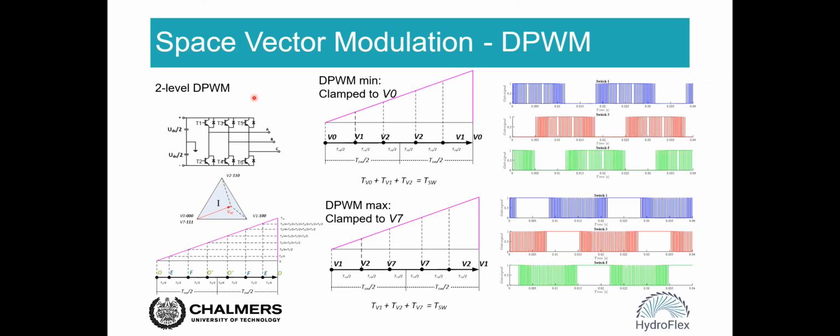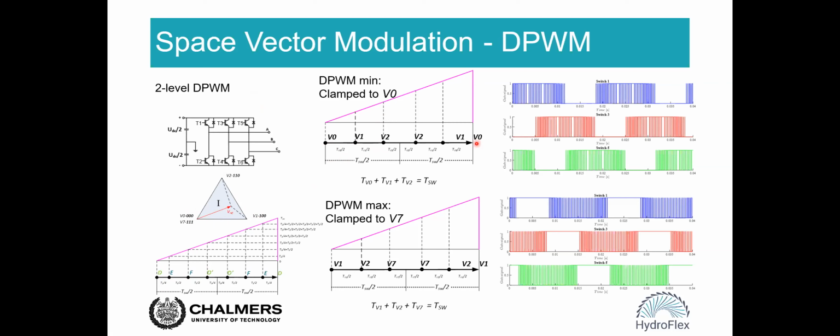So if we take the 2-level converter, for example, if the voltage reference is in sector 1, and if we use voltage V0, voltage V1, and voltage V2 to synthesize this reference voltage, then the voltage will start from V0 to V1 to V2, and goes back to V1, then goes back to V0.